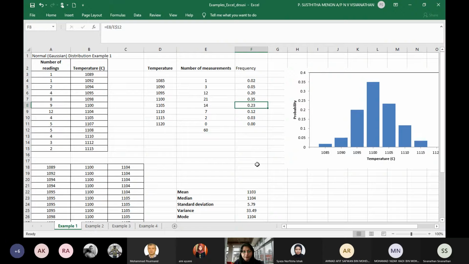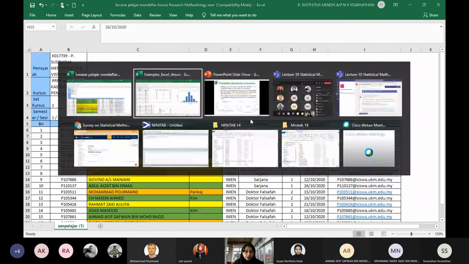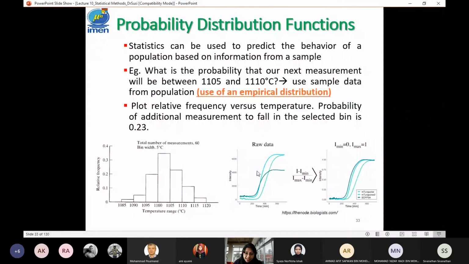I'm just giving you some ideas. Instead of just plotting frequency or number of measurements versus the temperature, you can look into other methods of using your y-axis in terms of normalized frequency. But this is where applicable. It's not every time you use a normalized y-axis, only where applicable to your experimental work. Moving on, this is an example of raw data, intensity versus time for 3 different experiments.